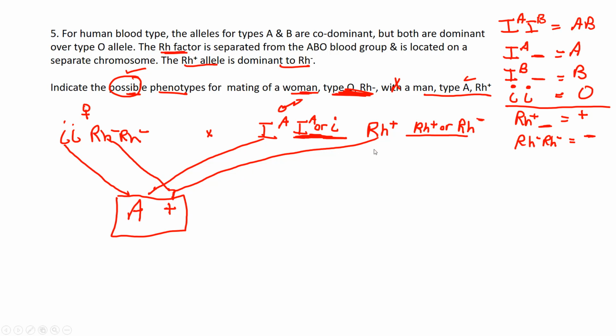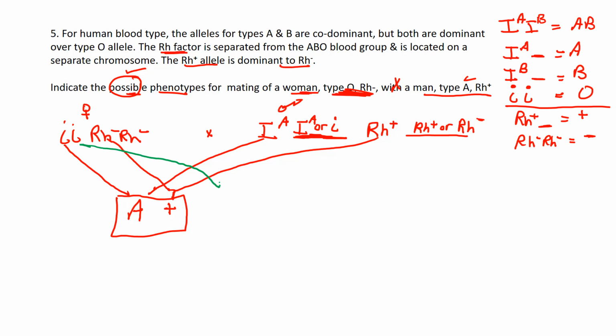Now, I'm not great with technology, but I'm going to try to change my ink color here. Let's make it green because we're going to show some other possibilities. And normally I get students to do this with their fingers. So all she can contribute is her little i in her egg.